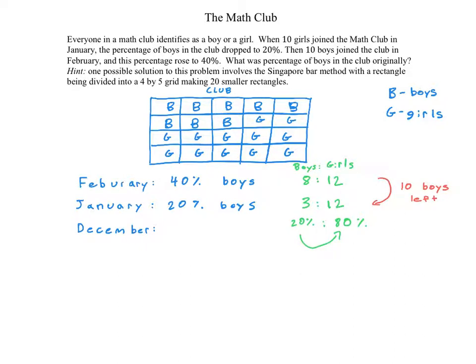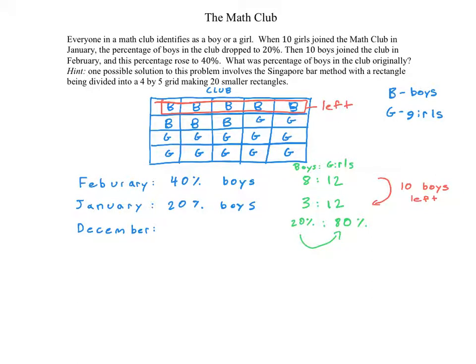Okay, so what does our diagram look like? Our new diagram should be 3 parts boys, so 1, 2, 3, to 12 parts girls. There's our 12 girls right there, there's our 3 boys. So this first row of boys, they left the club in February.